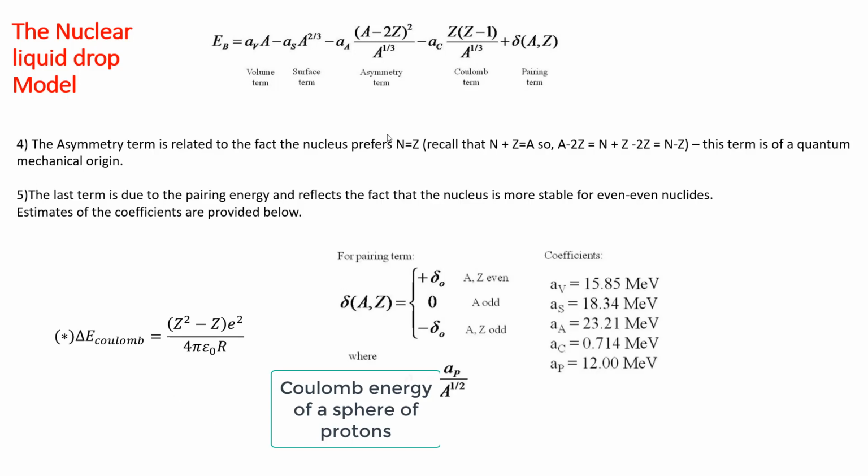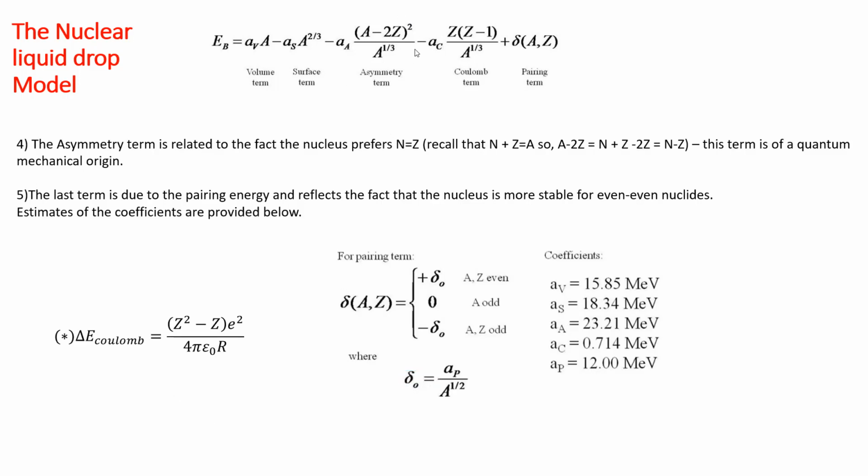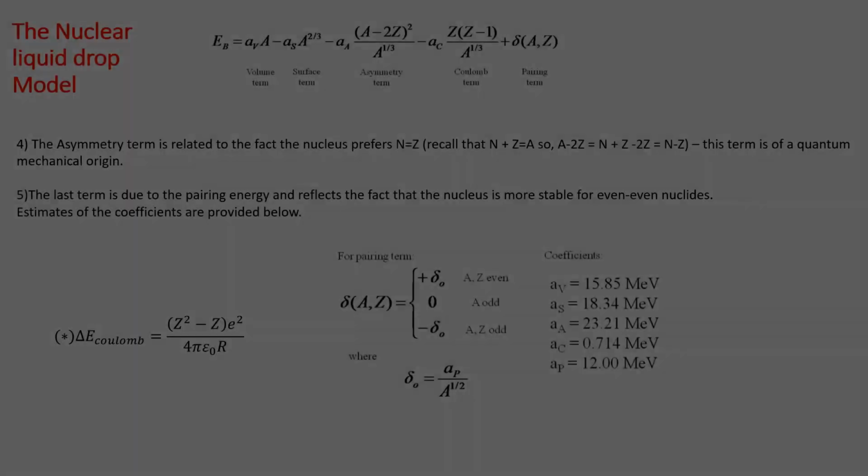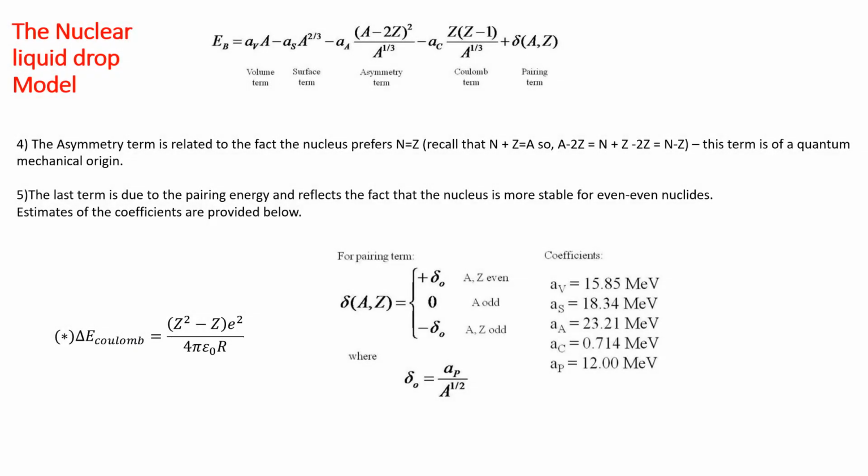Moving on, this is the asymmetry term. It's related to the fact that the nucleus prefers the number of neutrons equal to the number of protons, and I discussed this previously. This is quantum mechanical in nature. The last term is due to the pairing energy, this guy right here, and reflects the fact that the nucleus is more stable for even nuclides.